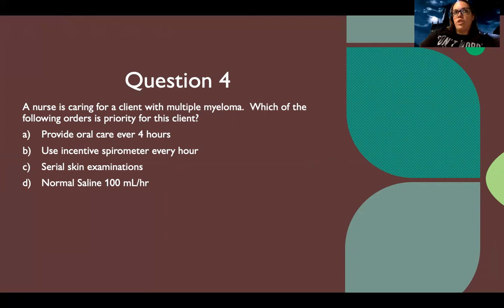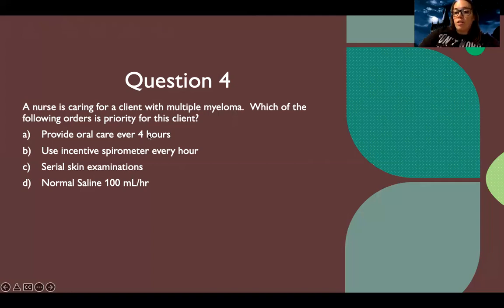A little other strategy here: some students will ask, oh, I wasn't sure if 100 was enough or 100 was too much. A lot of the times with an answer choice like this, it's just a random number, but sometimes the number does matter. In other words, you need to pay attention to the number. For example, maybe provide oral care every 4 hours was the right answer for this question.